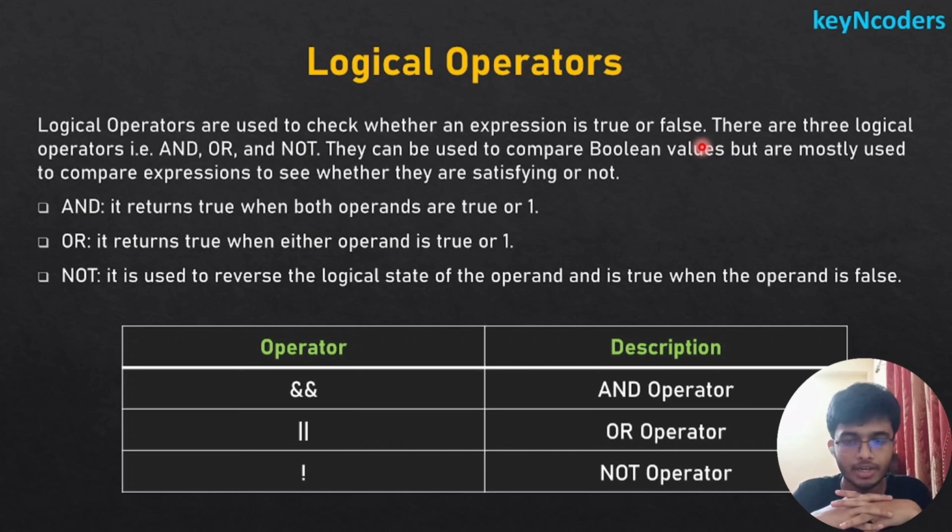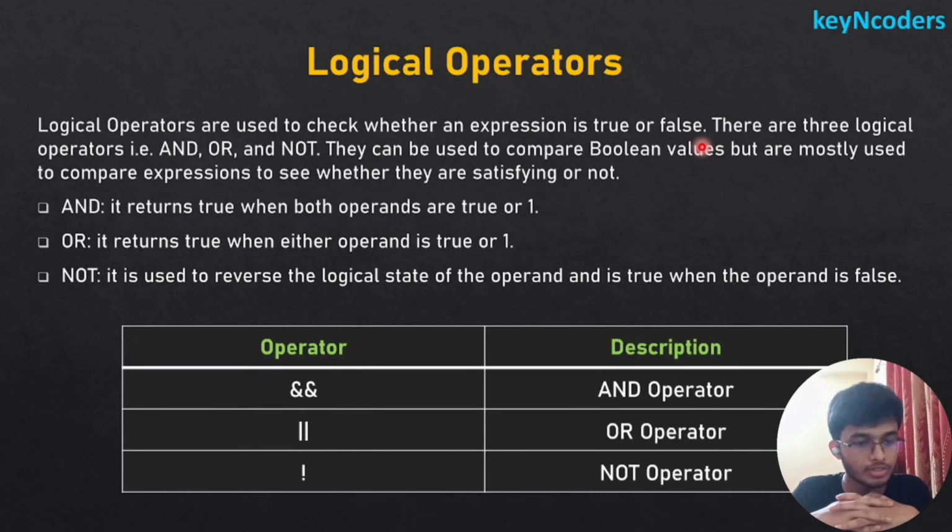So there are three logical operators: and, or, and not. They can be used to compare Boolean values, but are mostly used to compare expressions to see whether they are satisfied or not.